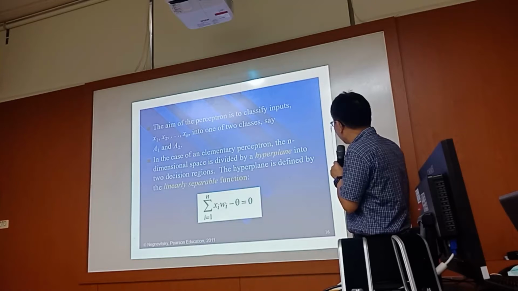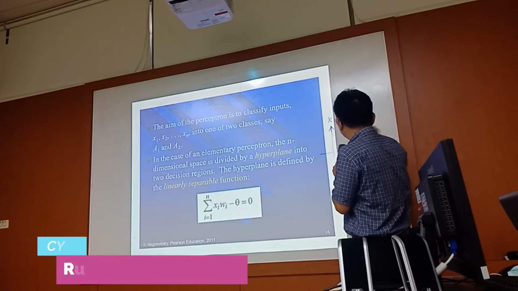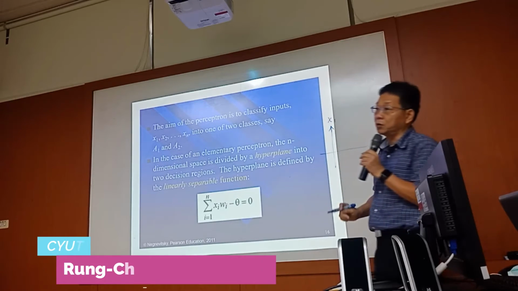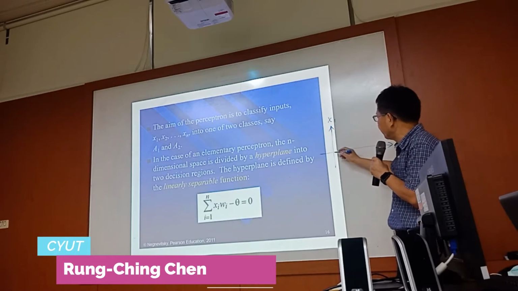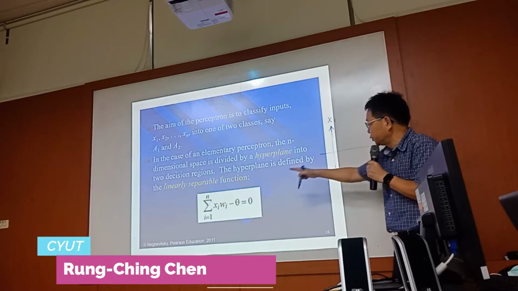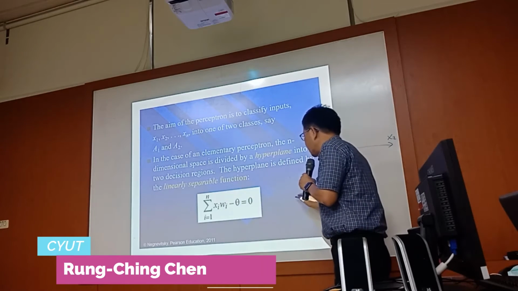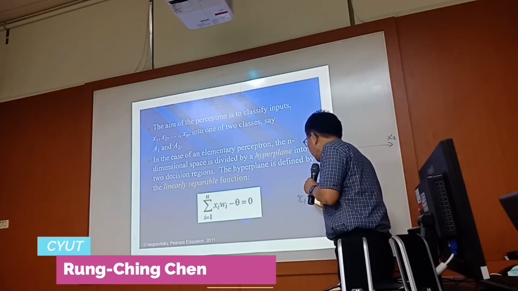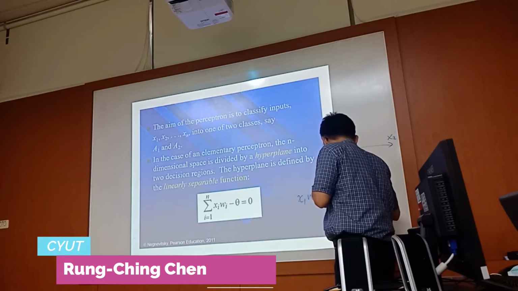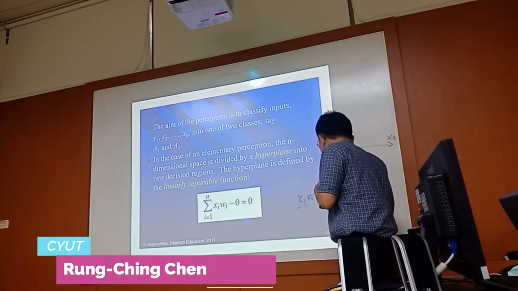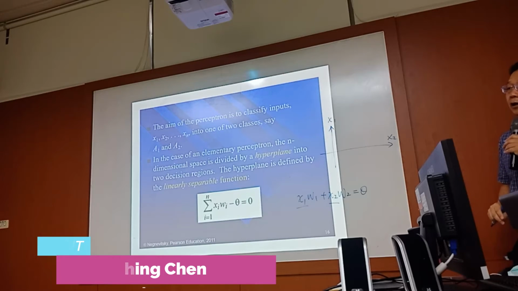Here is S1, here is S2. So it became 2-dimensional, and then we have a threshold you can define. If n is 2, this mathematics became a function with 2 variables, right?